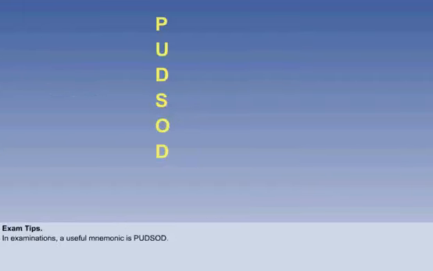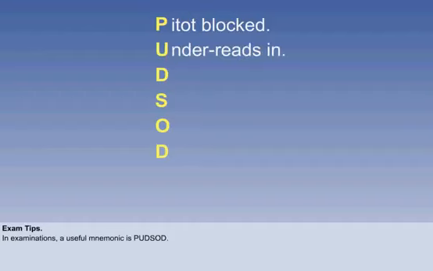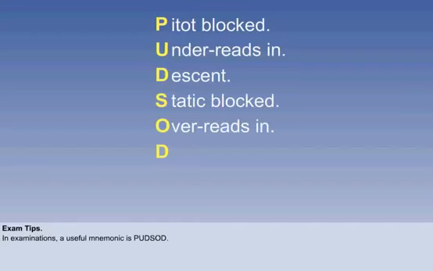In examinations, when you have to recall the effect of a blocked pitot or static probe quickly, without working it out from first principles, a useful aide-mémoire is PUDSOD, which stands for pitot blocked, underreads in descent, static blocked, overreads in descent. Remember this mnemonic because these types of questions are very common.